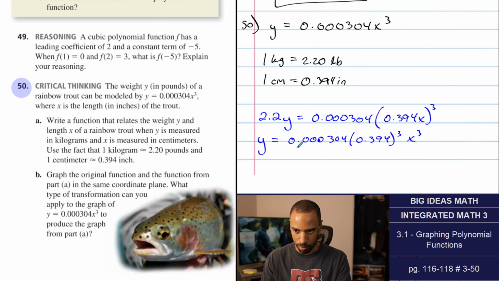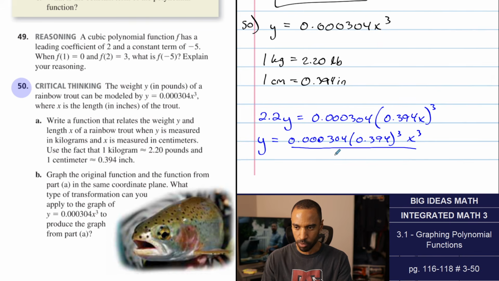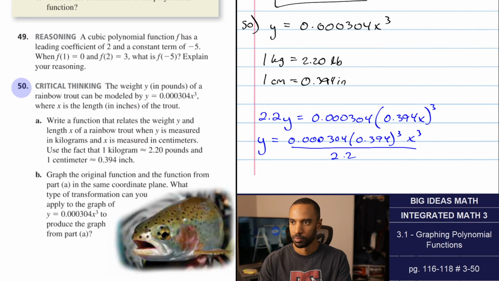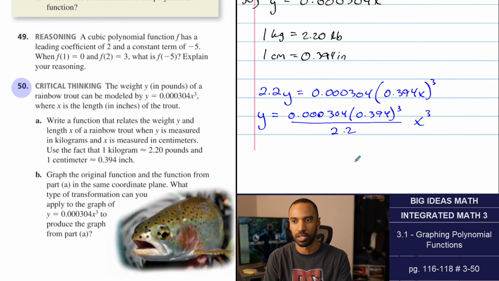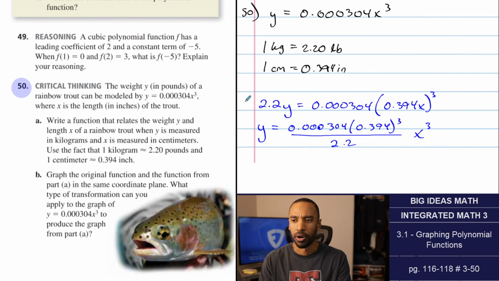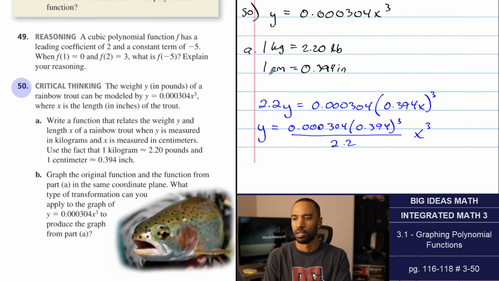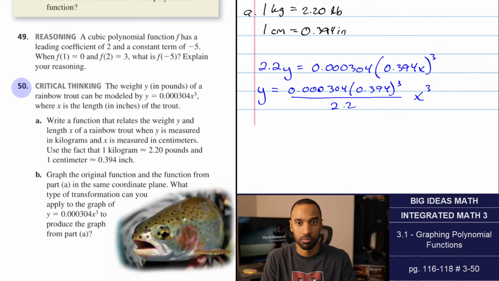You have both of them there, and you're going to divide this by 2.2. I'll put the x cubed as its own thing. So I need to figure out what this number is. That's going to get me part A, that number. It should be small.